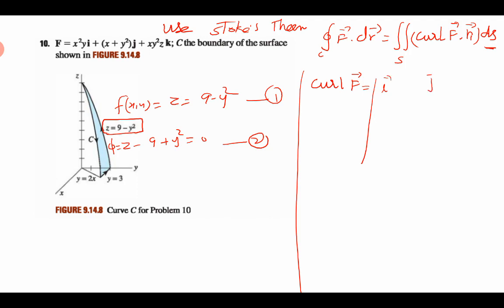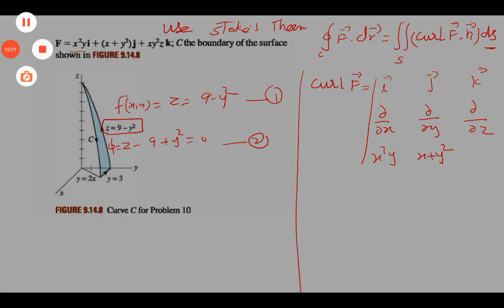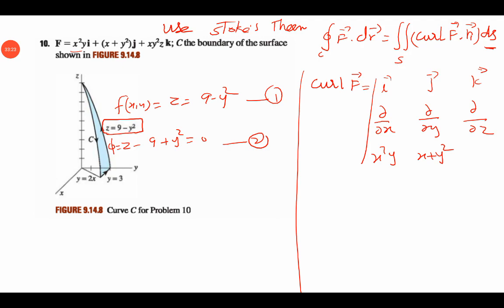With i, j, k, dou by dou x, dou by dou y, and dou by dou z. The first component is x square y, the second component is x plus y square, the third component is x y square z.